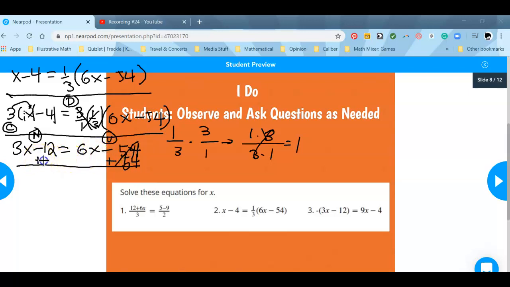So I go over here, and I add my 56. So I have 3x. It's going to be plus, because notice, 56 minus 12, well, that's going to give us 44. Okay? All right. And so because this is 56 positives, these are only 12 negatives, you can see I have 44 positives here.